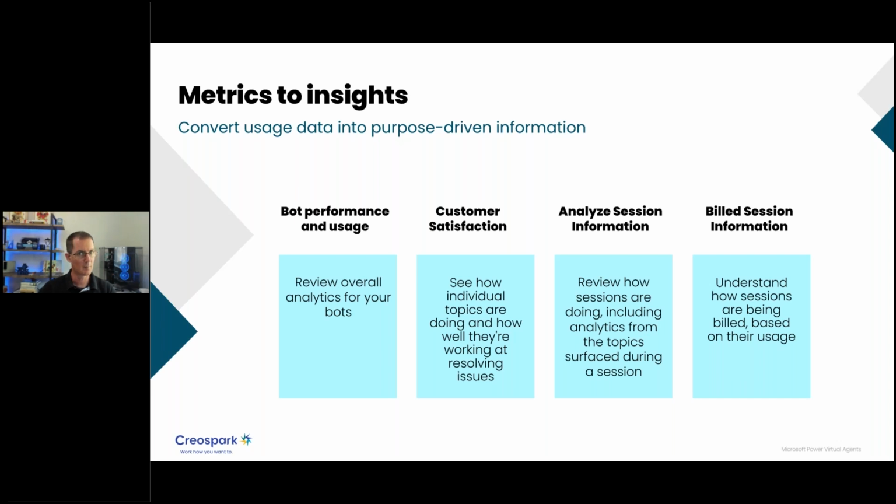Obviously that probably means the person's either not satisfied or they're starting another chat because they didn't get what they wanted. So maybe there's a gap in the training where you need to help the bot understand a different type of prompt that could occur, so that you can then provide the proper answer, the proper resolution, or the proper decision tree path, the conversational path to help the users get what they want.